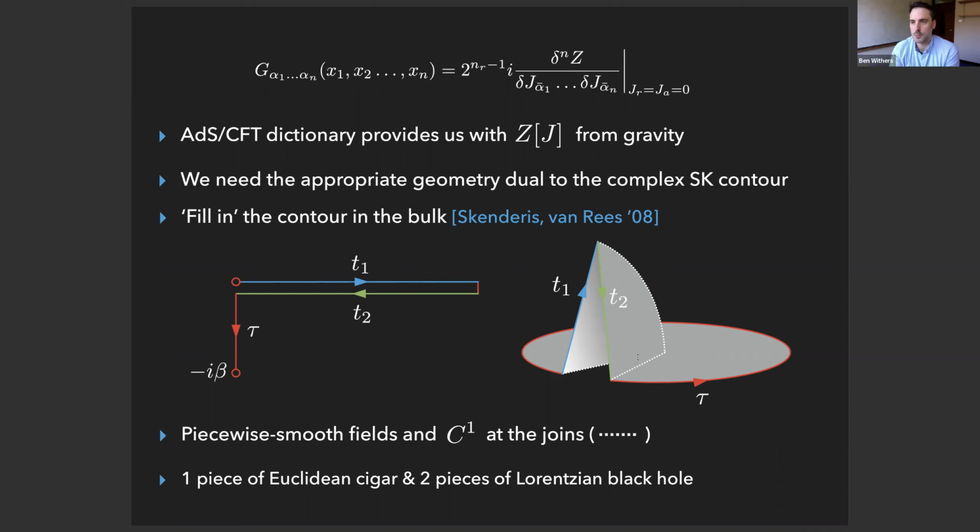So if you imagine you prepare a state and you do some computations, then you have a final cap. You have an initial Euclidean cap and a final Euclidean cap and the Lorentzian evolution in between. In that context, that's a different complex time contour to the one we're considering, and that would be a very different bulk geometry associated to that. So that would be a Lorentzian evolution with two Euclidean caps. Maybe that's what you're referring to.